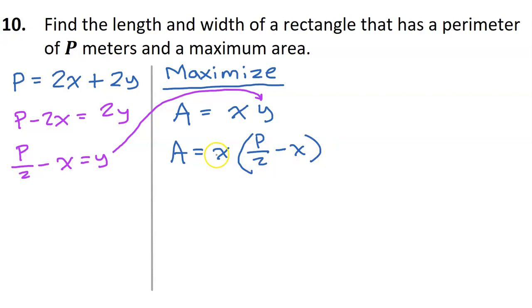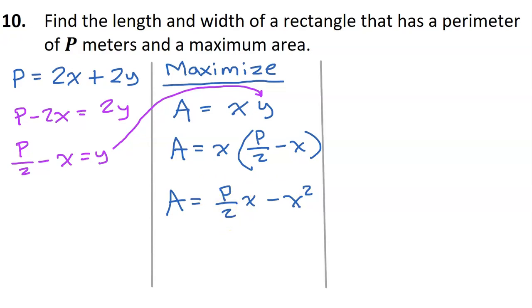Let's go ahead and distribute the x. So we get A is equal to p over 2 x minus x squared. Remember, we're treating p as a constant, which means that p over 2 is also a constant. The maximum area will occur when the derivative is equal to 0. So let's find the derivative. The derivative of p over 2 x is p over 2.